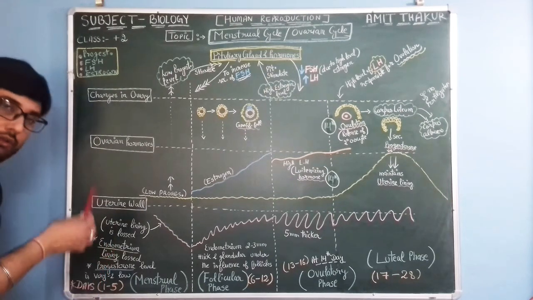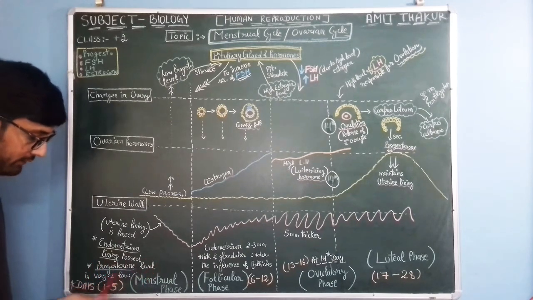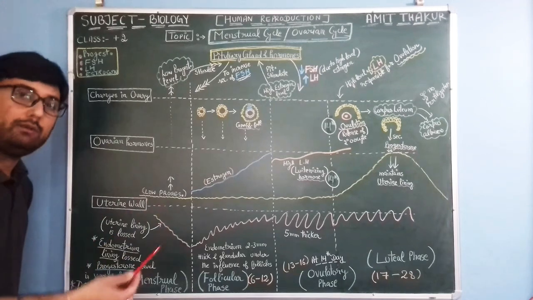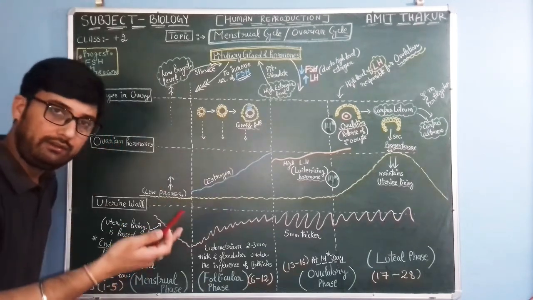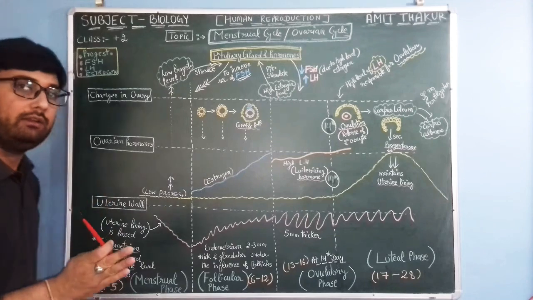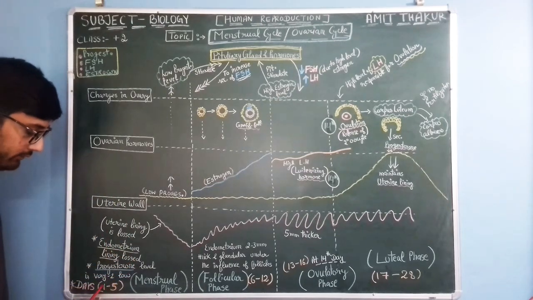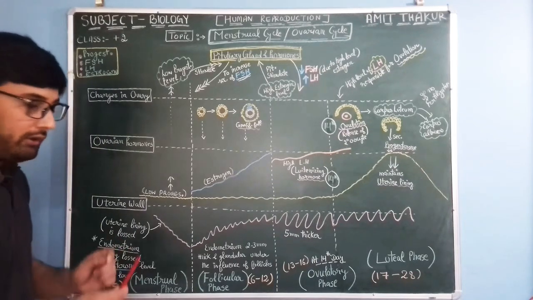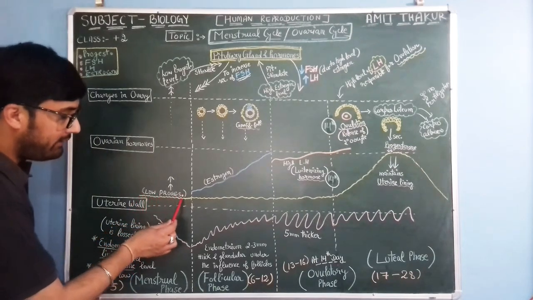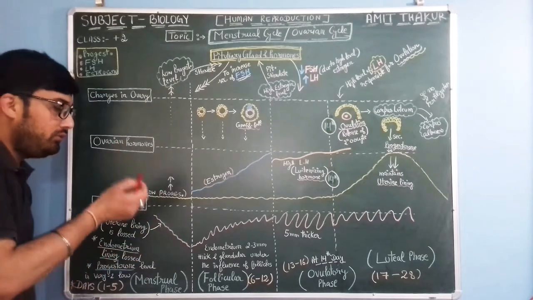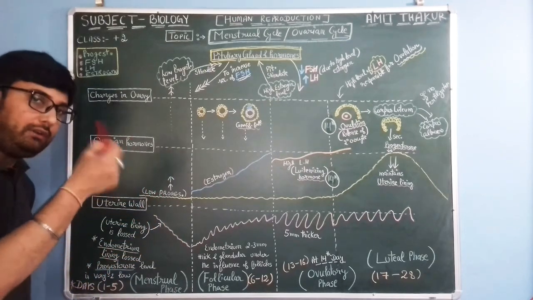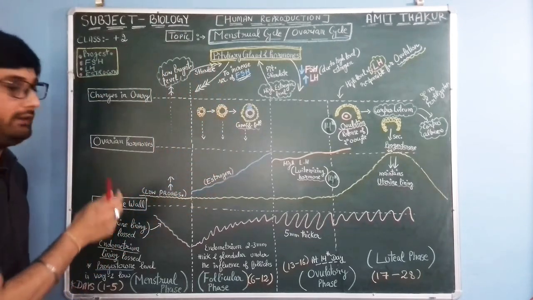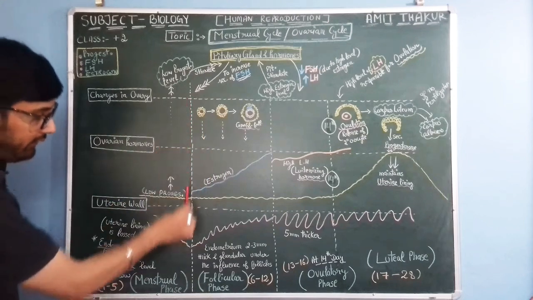So due to the very low progesterone level, what happens? The uterine lining is lost along with blood vessels, which causes vaginal bleeding during the first 5 days, day 1 to day 5, of the menstrual phase. This yellow line is just to show you the different levels of progesterone during the whole menstrual cycle. So just stick to this.